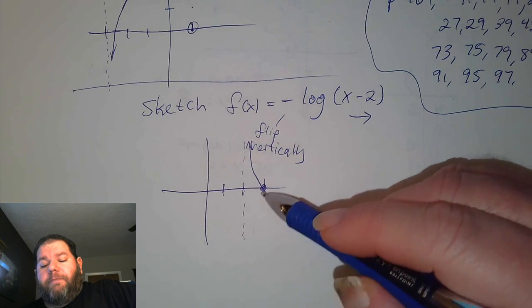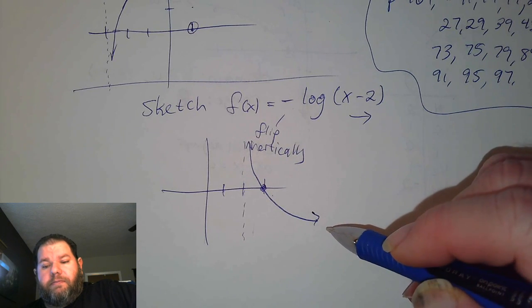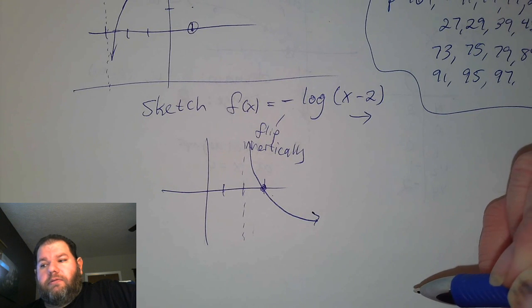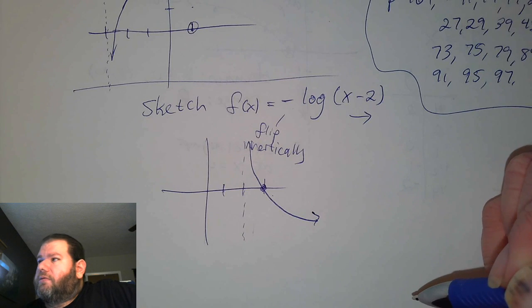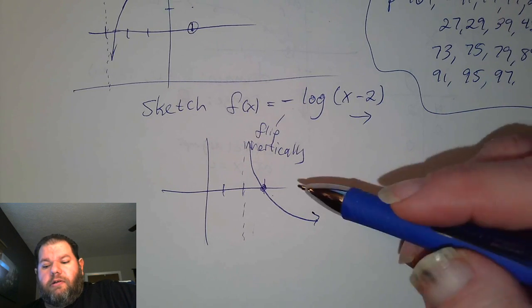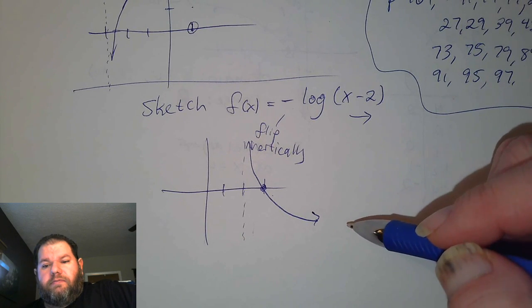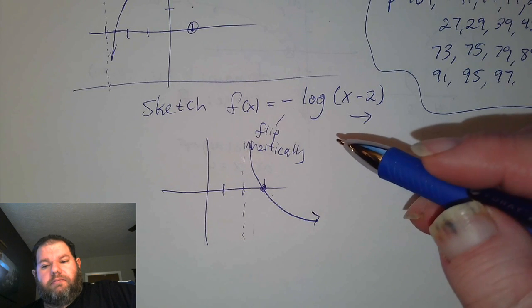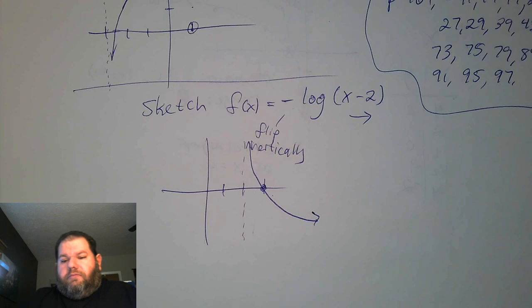And instead of going up and over to the right, we flip it vertically so it goes down and over to the right. Did that one make sense?